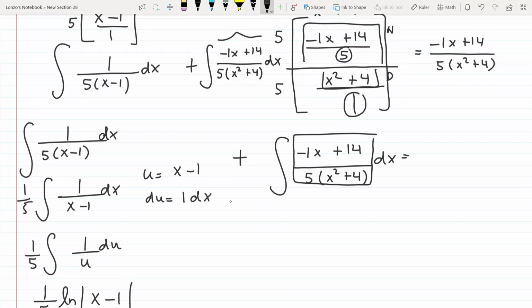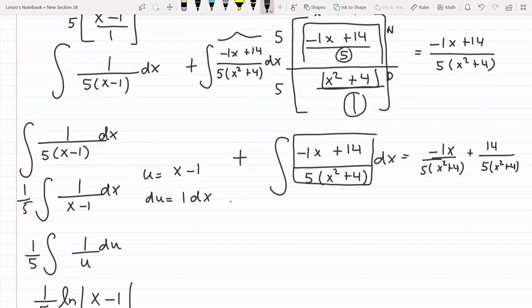It'd be broken down as negative 1 over 5, x over x squared plus 4, so I'm breaking it down into two different fractions. And then this would be plus 14 over 5 times x squared plus 4.